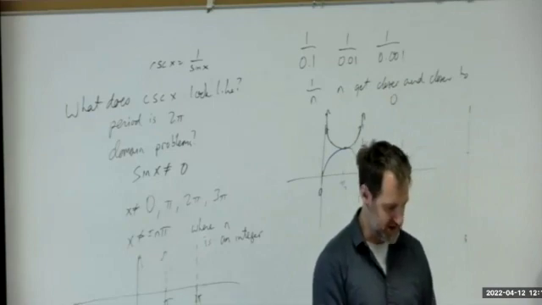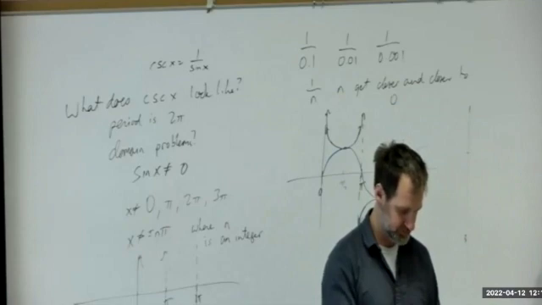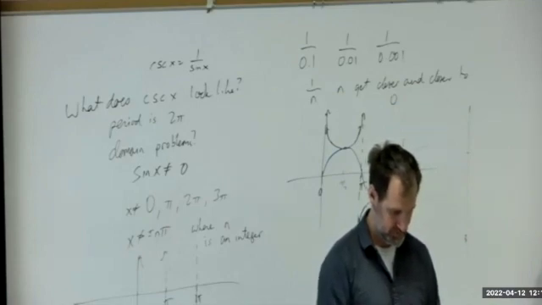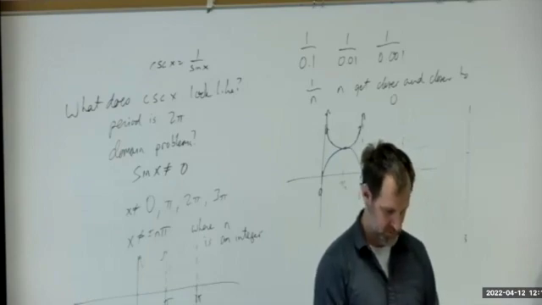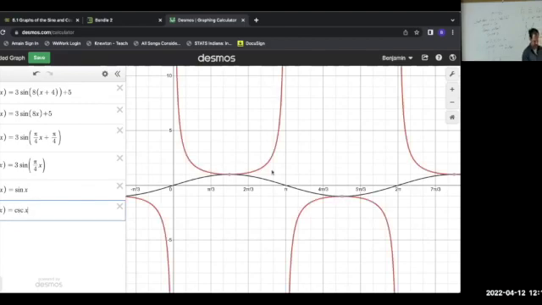Let's take a look at sine and cosecant put together. So we got sine x. I'm going to put in the asymptotes.